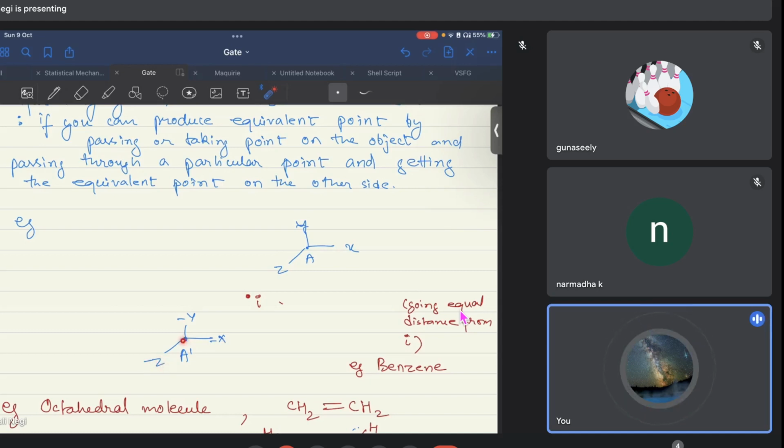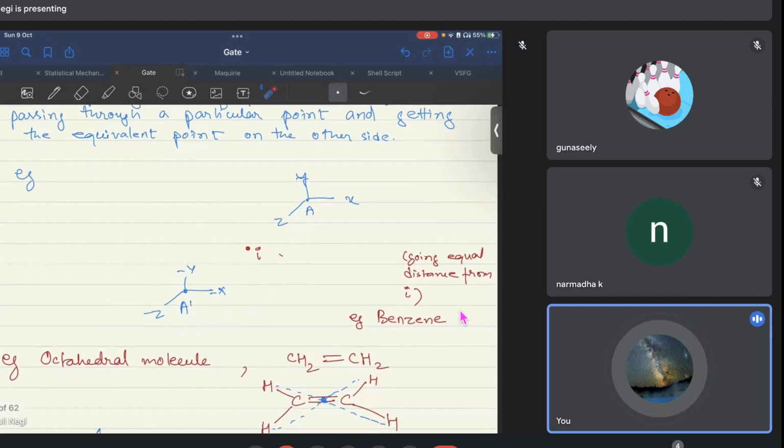Now there should be one point in between A and A prime, known as i. If I go an equal distance from this particular point, I will have a reflection of A at the equal distance. So going an equal distance from i, I get the center of symmetry, which is denoted as i.